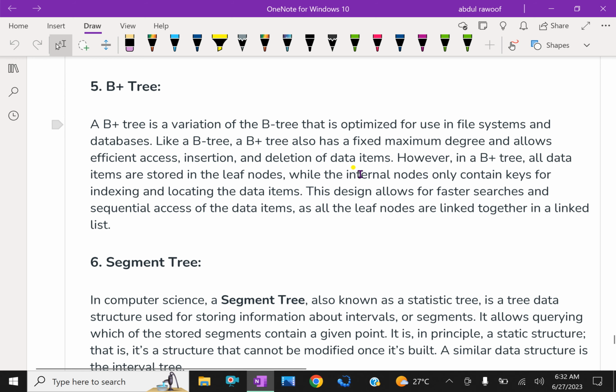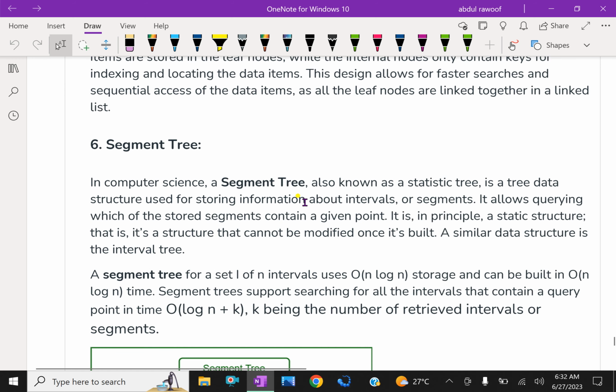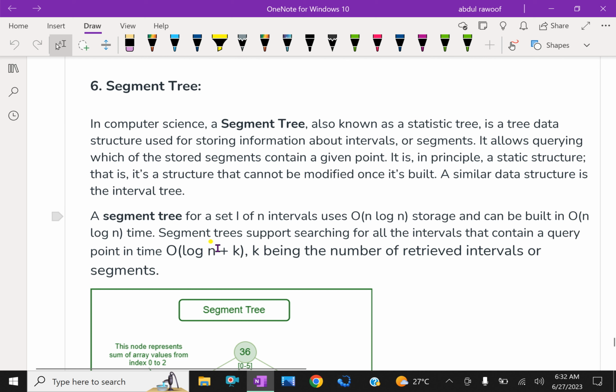Segment tree. In computer science, a segment tree, also known as a statistic tree, is a tree data structure used for storing information about intervals or segments. It allows querying which of the stored segments contains a given point.